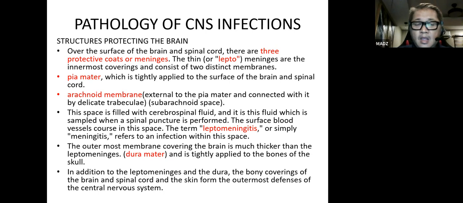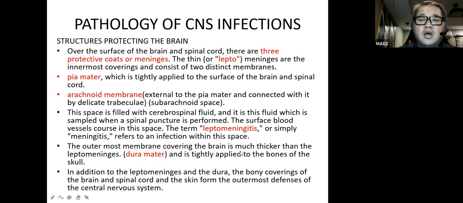At this point, I'm going to discuss the pathology of central nervous system infections. The brain and the spinal cord are protected by three protective coats, or meninges.